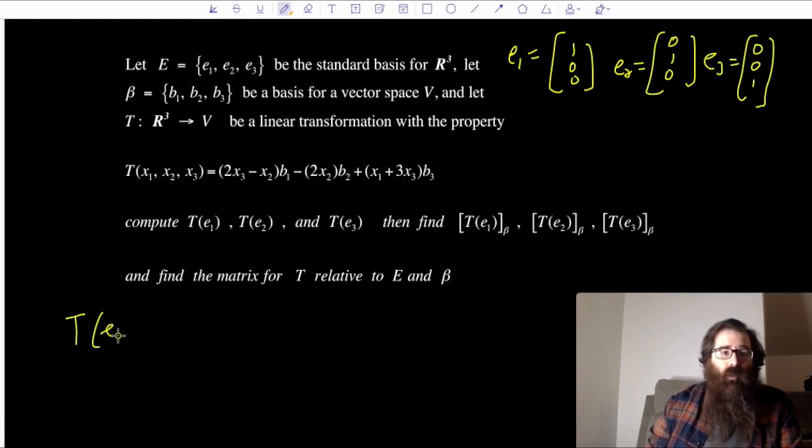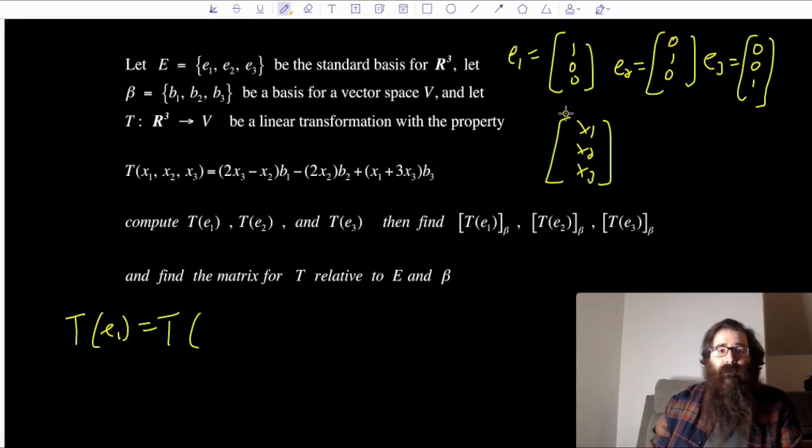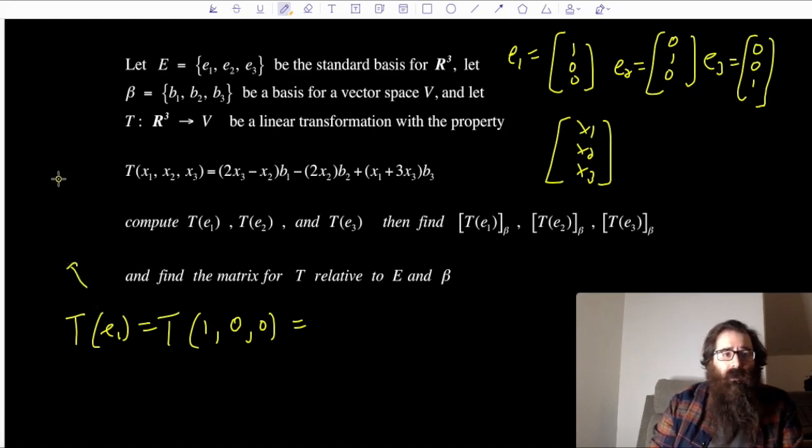T of e sub 1, think of this as the vector (x1, x2, x3). With e sub 1, that means x1 is 1, x2 is 0, x3 is 0. So I can just follow here, and if it helps, you can make a little note. x sub 1 is 1, but x sub 2 is 0 and x sub 3 is 0.